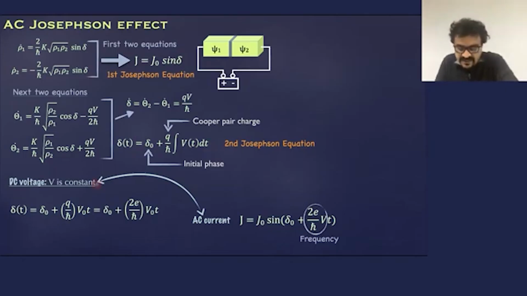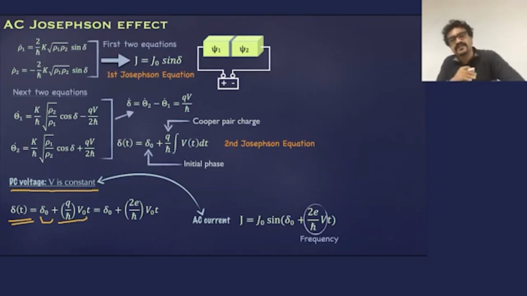So for a constant DC voltage, just like we mentioned now, delta of t is given by delta 0, the initial phase, plus q by h bar V0, the constant voltage applied, times the time. So the phase difference delta is a function of time when you have voltage applied. When you have a constant voltage, it is going to vary linearly with time.